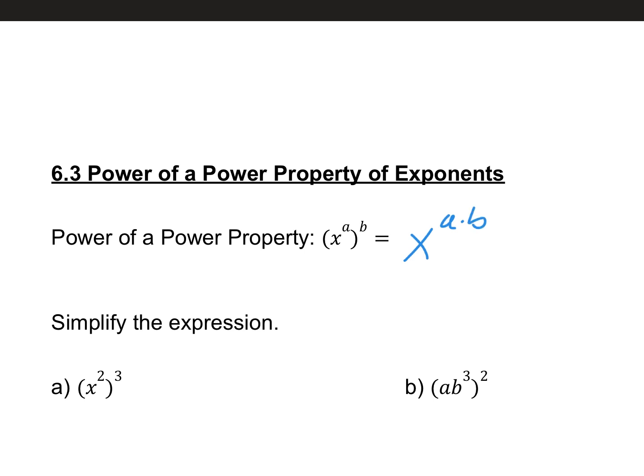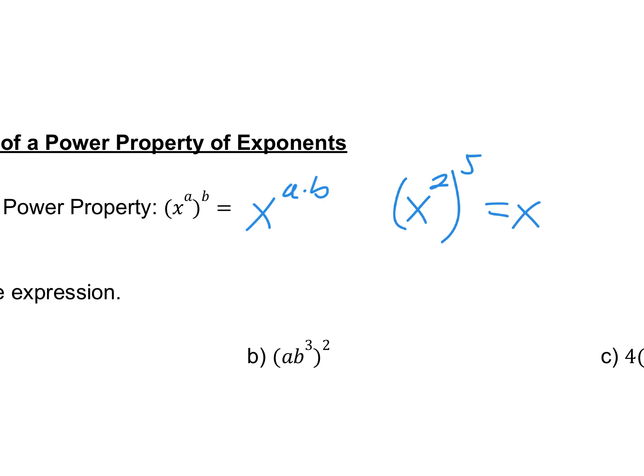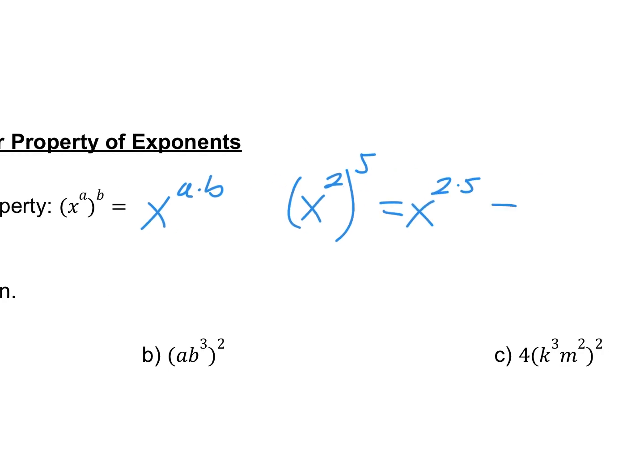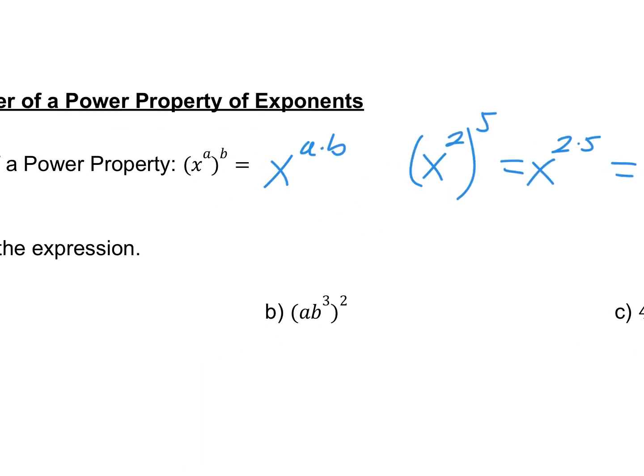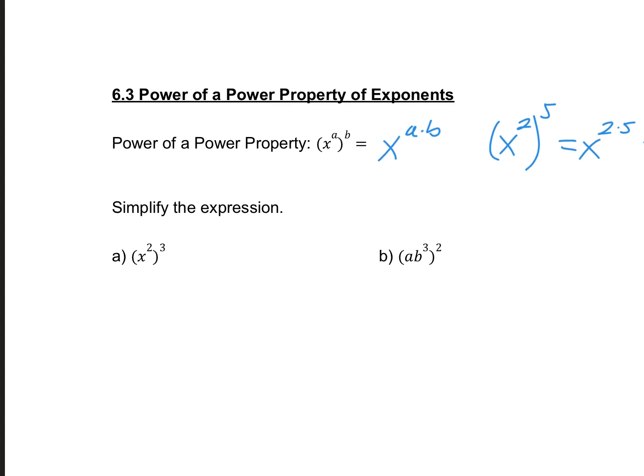So an example, I could take x to the power of 2 and raise all of that to the power of 5. This would equal x to the power of 2 times 5, which would be x to the power of 10. So we're multiplying these exponents together if we raise a power to a power.